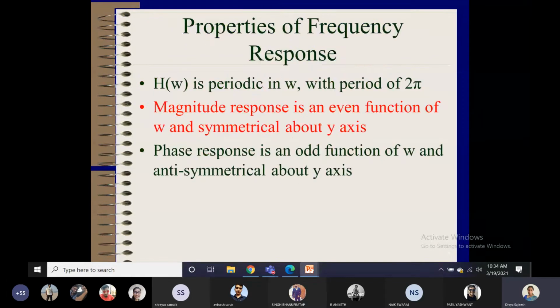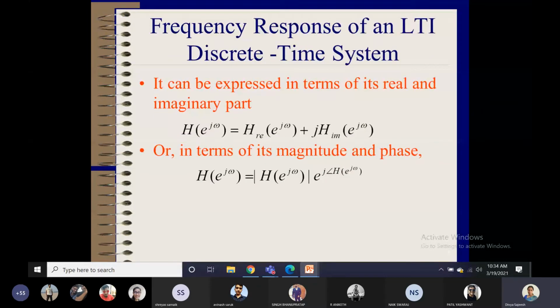How will you obtain the magnitude? Square root of H_RE squared plus H_IM squared. And how will you obtain the angle for the complex? Tan inverse of imaginary by real. Yes, tan inverse of imaginary by real.